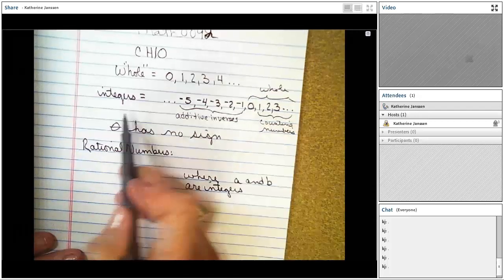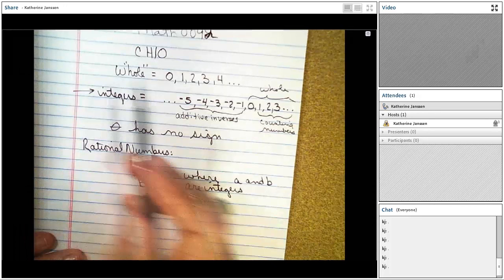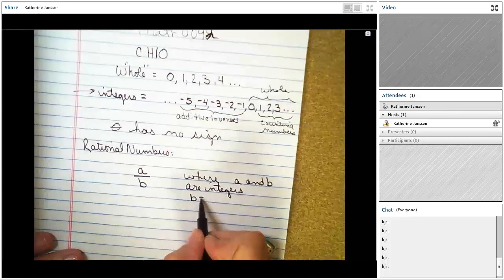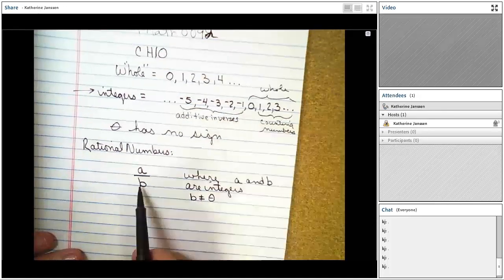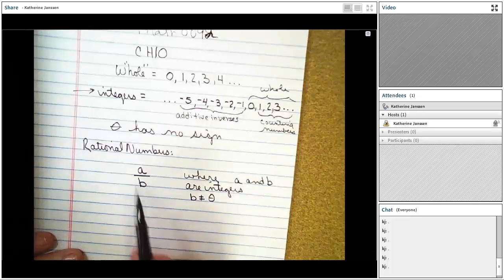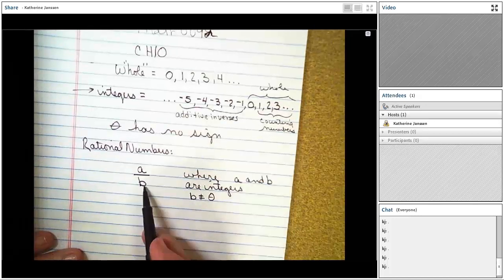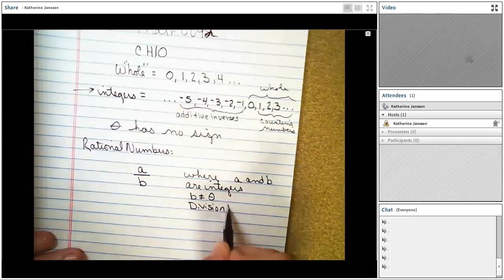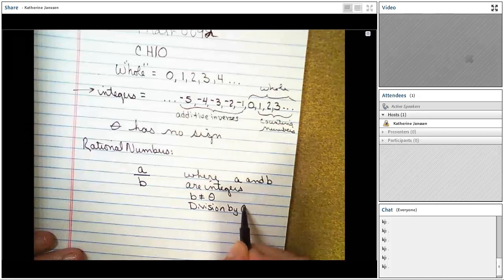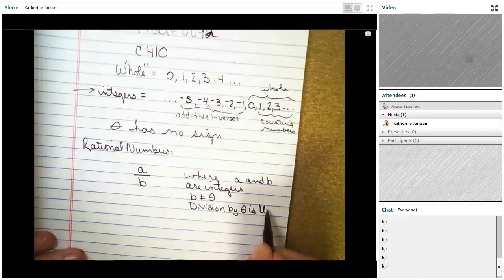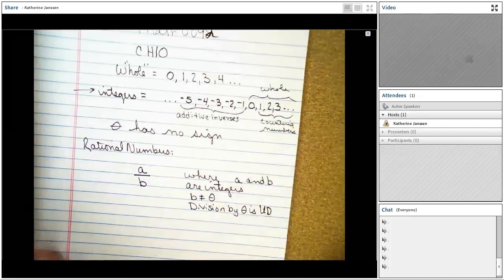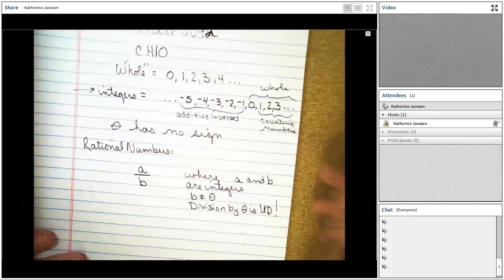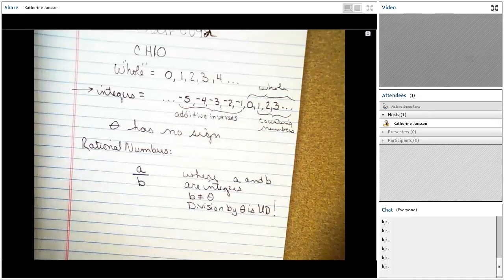So they can be from our integer set, except B cannot be equal to 0. B's position is in the denominator location, and we cannot allow division by 0. Division by 0 is undefined. And we want to remember that. That's something to memorize. Division by 0 is undefined.